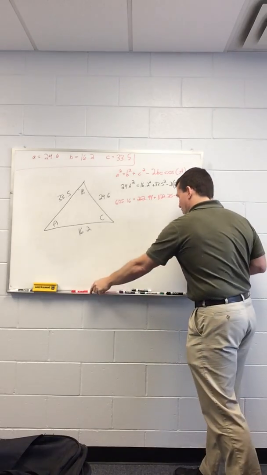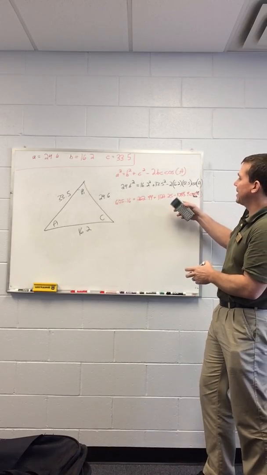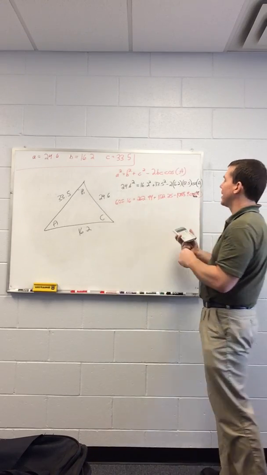Now here, do algebra. All of you know your algebra. We're solving for cosine A, so we have to isolate this term. So get rid of these. Subtract them over there.